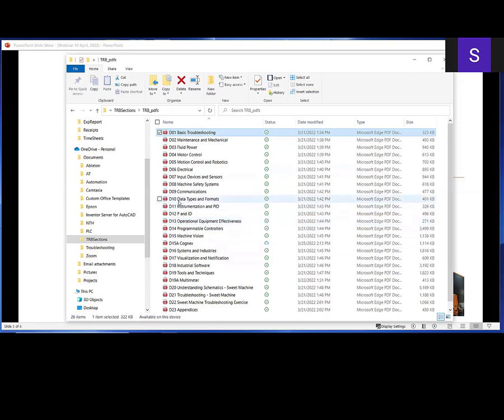PID will probably be something I break out as a separate section. I actually have a lot of good documentation on PID control for servo motors or for liquid level and things like that. So I may break that out of whatever section it's in. And again, it's not coming. Oh, there it is. Instrumentation and PID. So I have a PID section in there. That is not the same thing as P and ID, right? And of course, I had to spell it out in the document name because you can't put the ampersand in there if you save it.